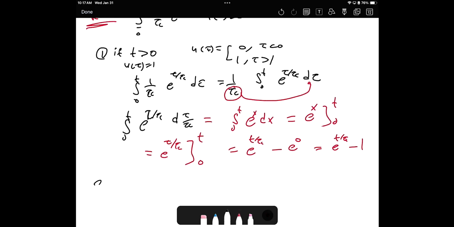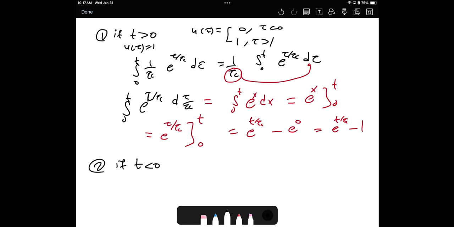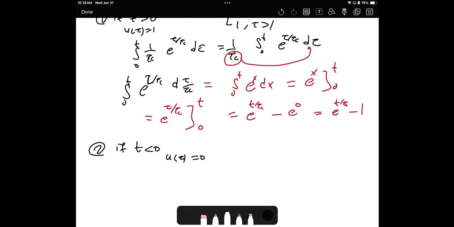The second thing, when t is less than 0, this yields u of tau equals 0, because the unit step when time is less than 0 will be 0. This yields the integral of 1 over tau c e power tau over tau c times 0 d tau, which will make the integral from 0 to t of 0 d tau, which is 0.